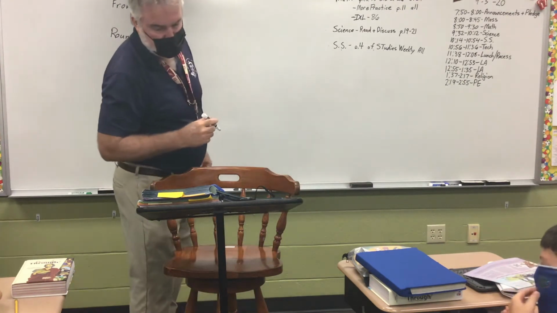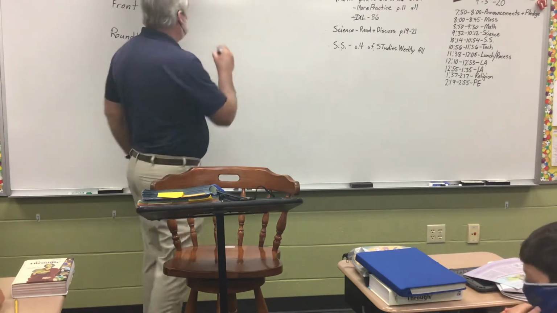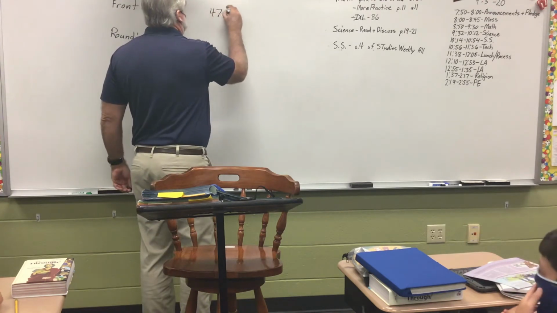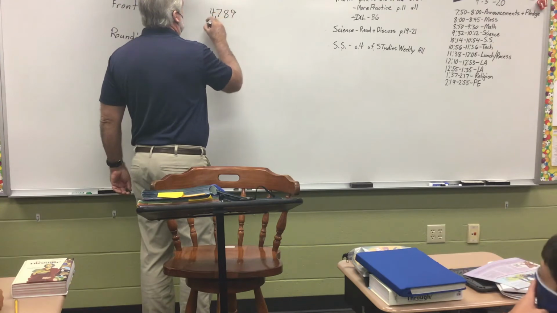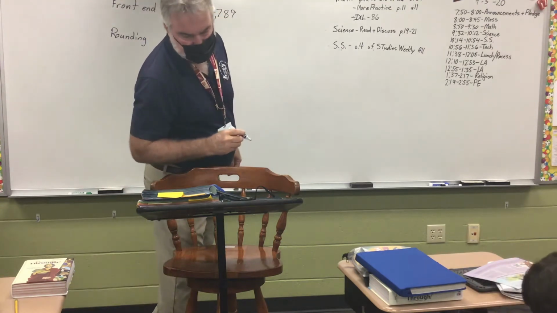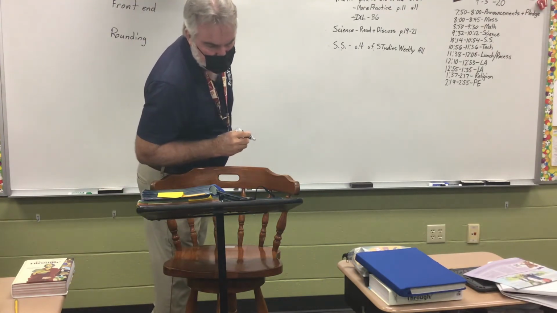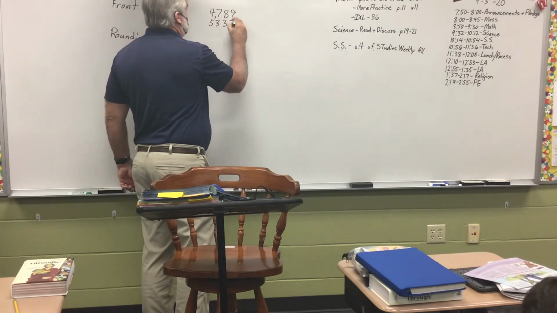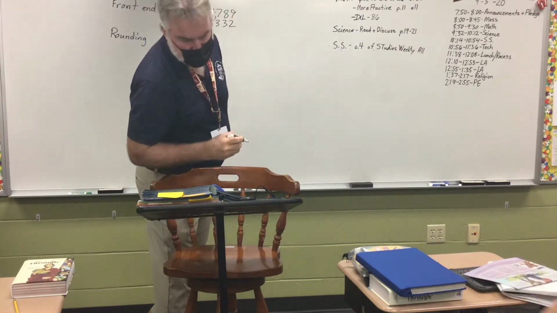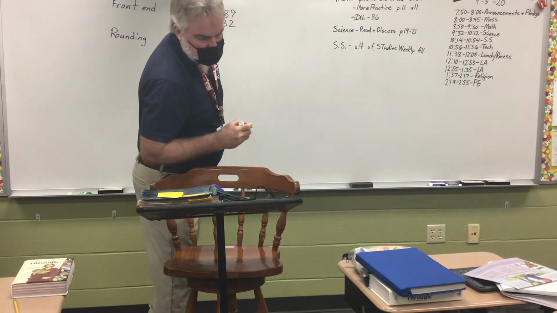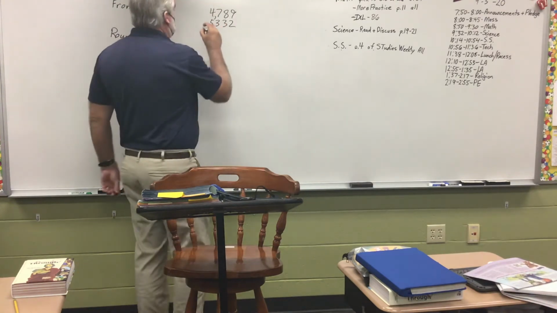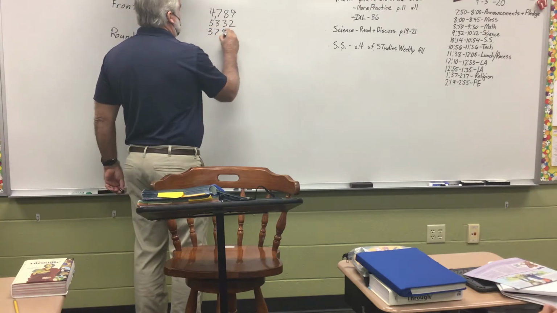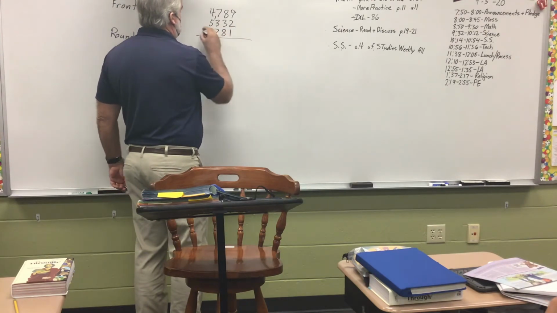The one they give you in the book is 5, 3, 2, 1.